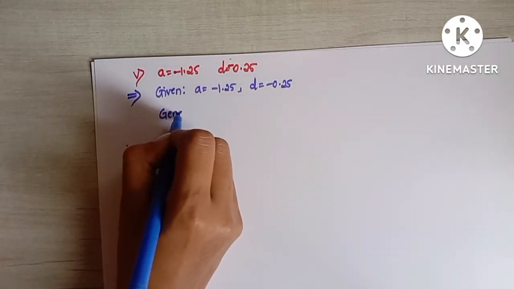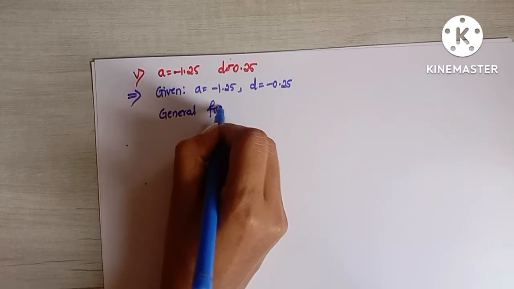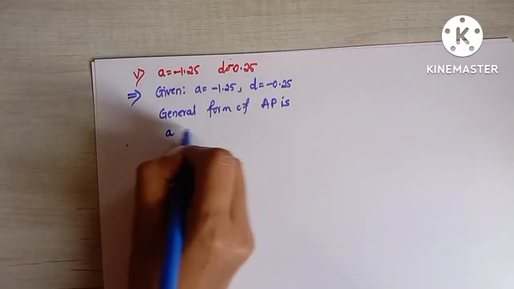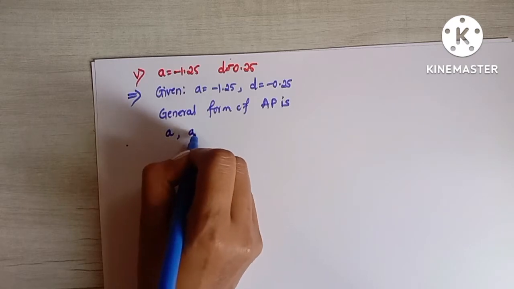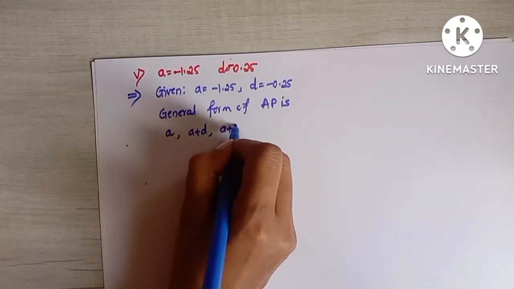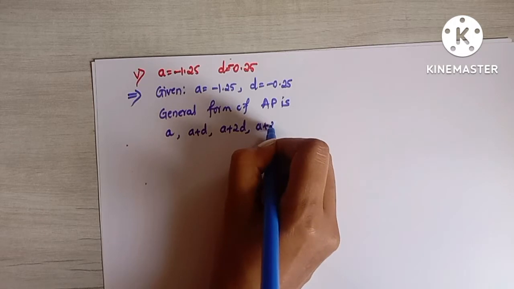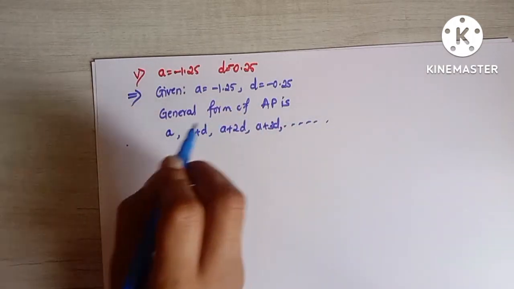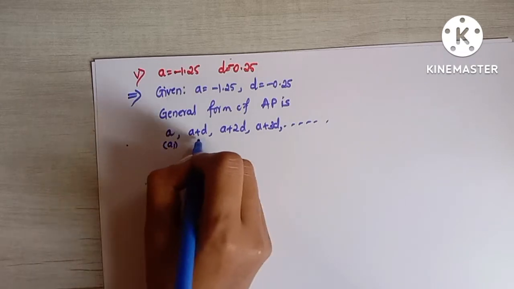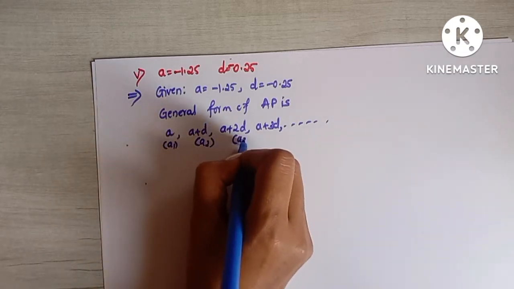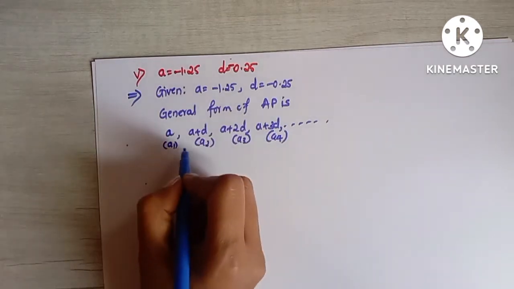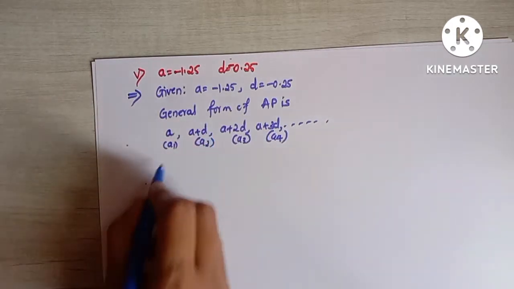Therefore, the general form of AP is a, a plus d, a plus 2d, a plus 3d and so on. It is the first term, or else we can write it as a1, a2, a3 and a4.